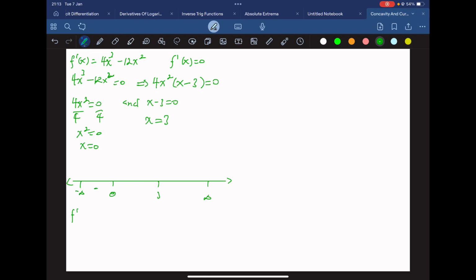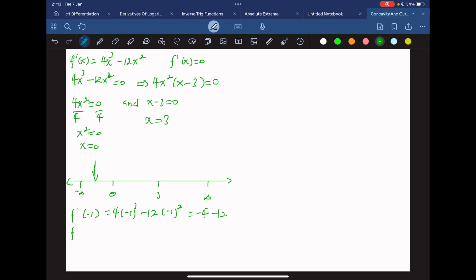If we pick a number here, we can pick negative 1, and we are testing using this. So we have 4 times negative 1 cubed minus 12 times negative 1 squared. And if we do that, you have negative 4 minus 12, which is negative, so it goes down.